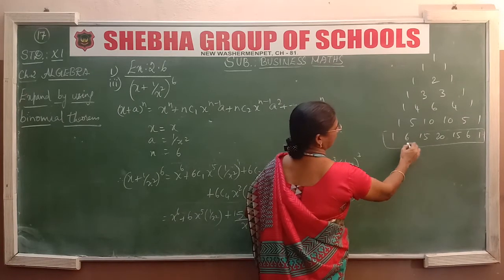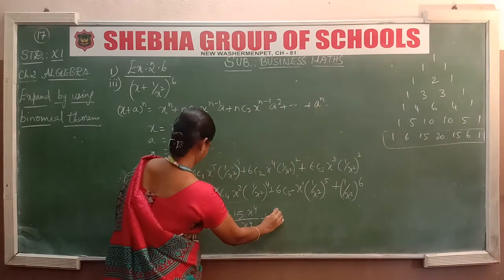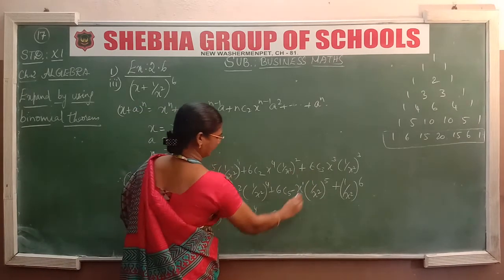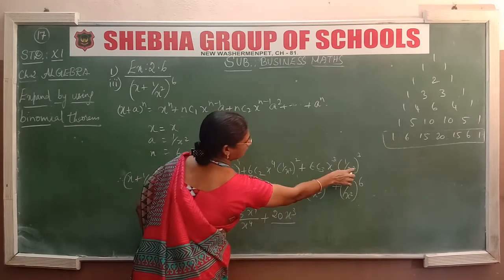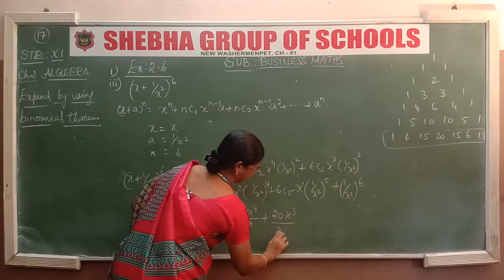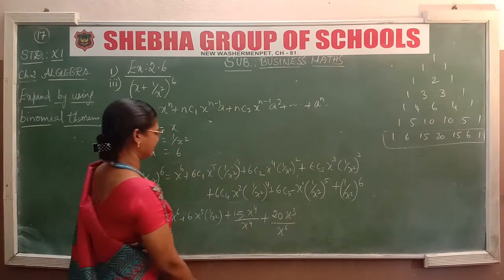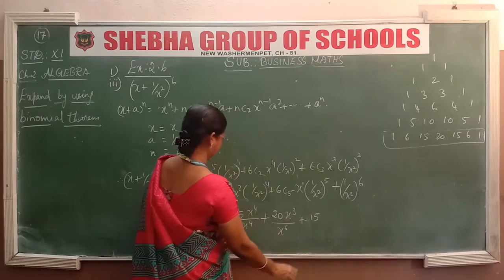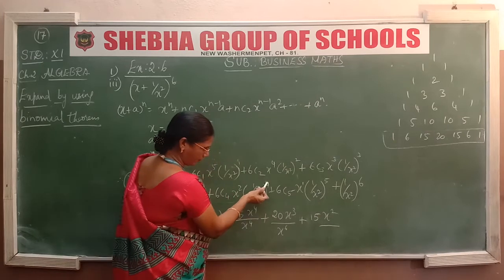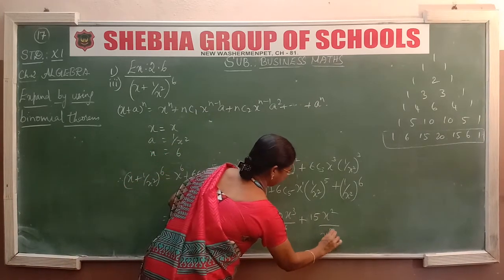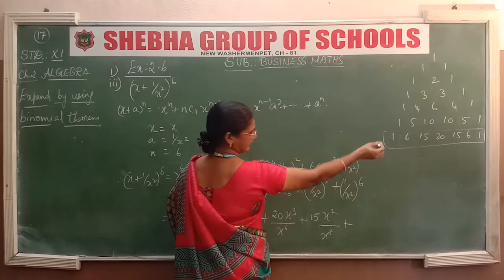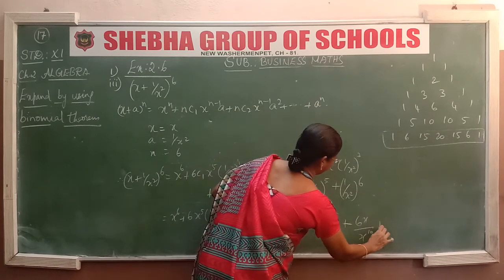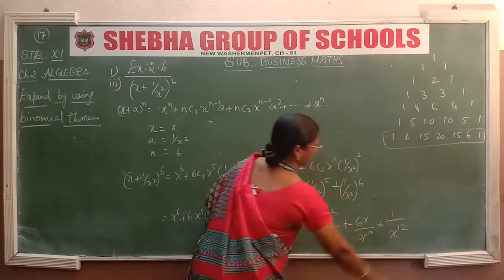This is 6c0, 1, 2, 3. 20. 6c3 is 20 into x cube into 1 by x square whole cube, that is 3 2s are 6, x power 6 in our denominator, plus after 20, 15 again, 15 x square by x square whole power 4, 4 2s are 8, so x power 8, plus after 15 again 6, 6x by x power 5 2s are 10, plus 1 by x power 12. Understood this step?